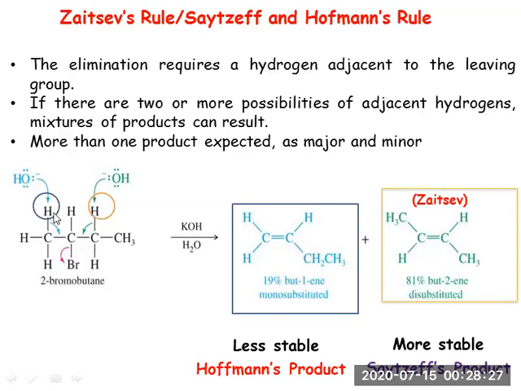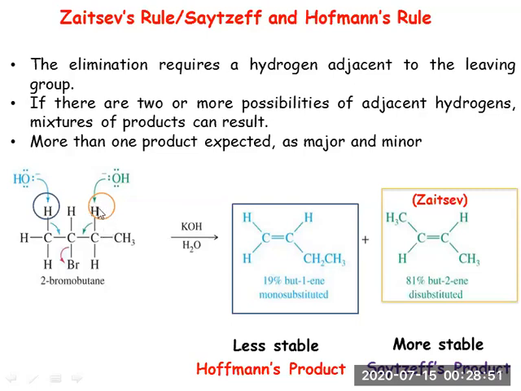So which hydrogen is lost? Depending upon that, you'll get the product. If the base abstracts this particular hydrogen, a double bond will be formed between your beta 2 and alpha carbon atom, and you'll get 1-butene as a product.